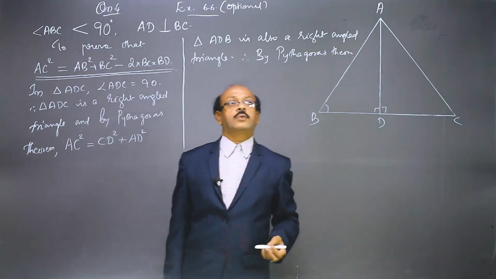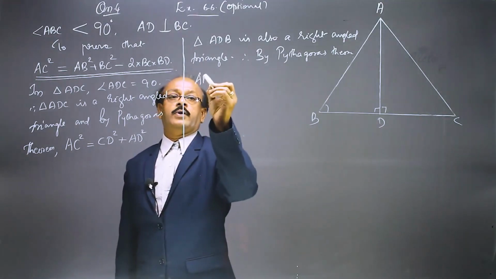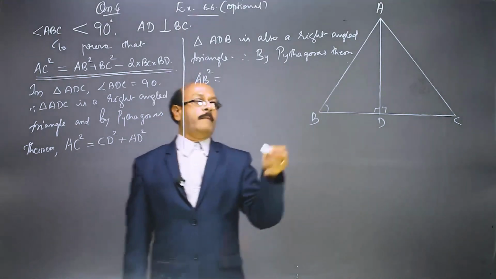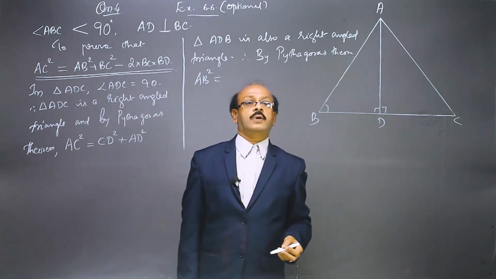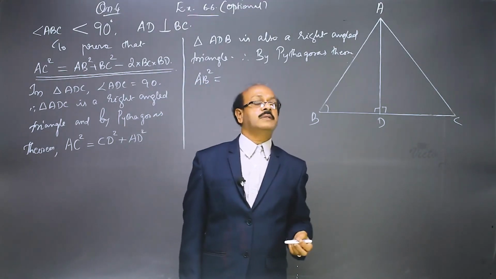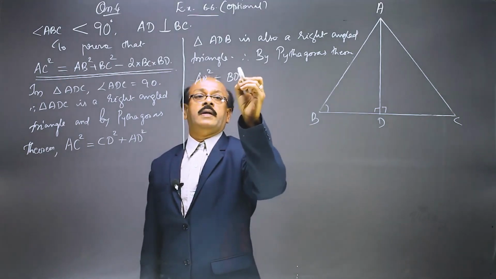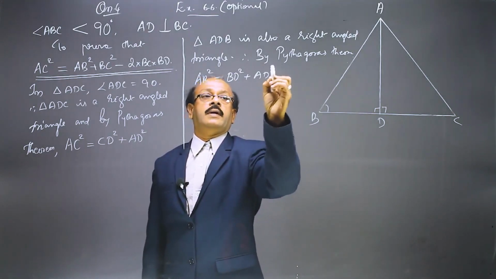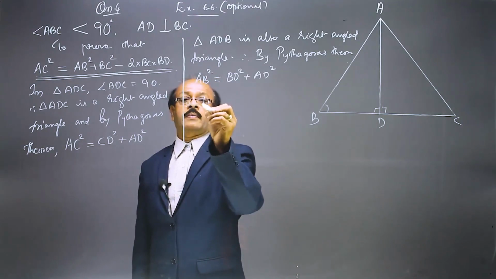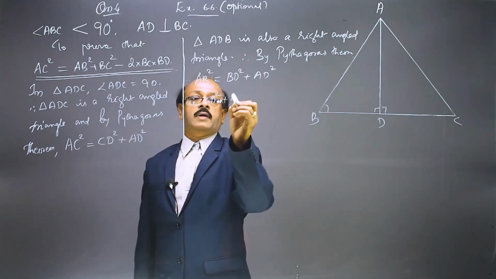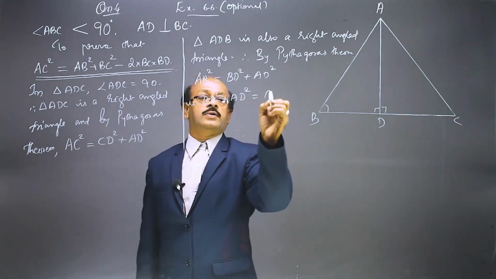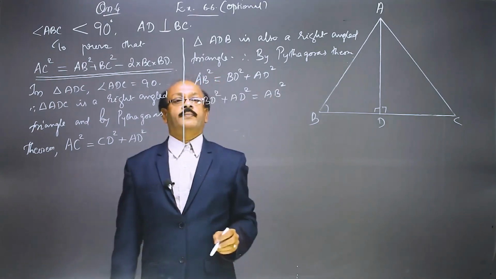AB square is equal to hypotenuse square is equal to base square plus altitude square. That means BD square plus AD square is equal to AB square.